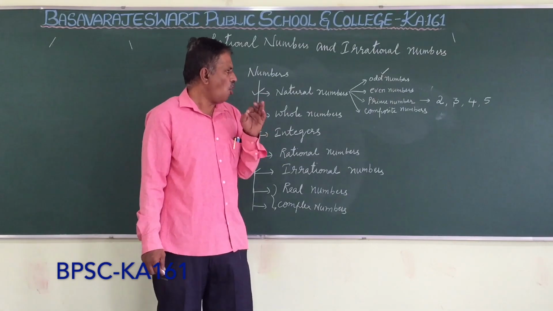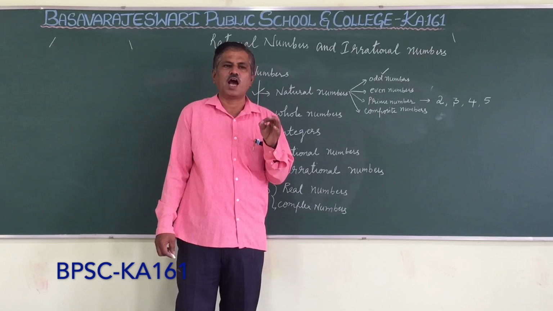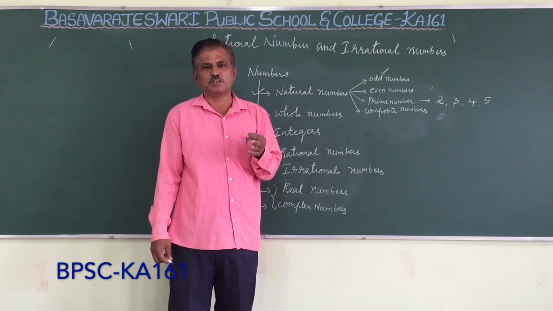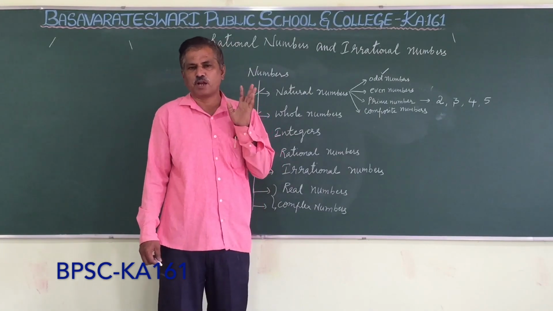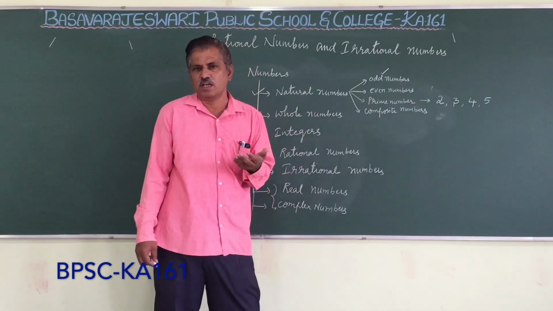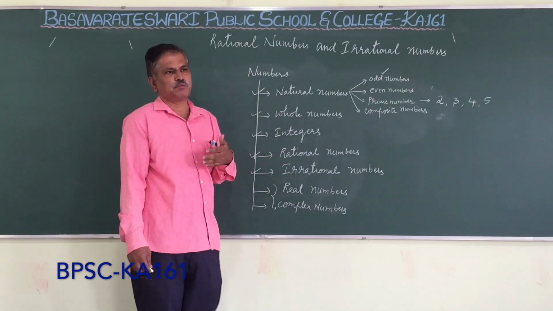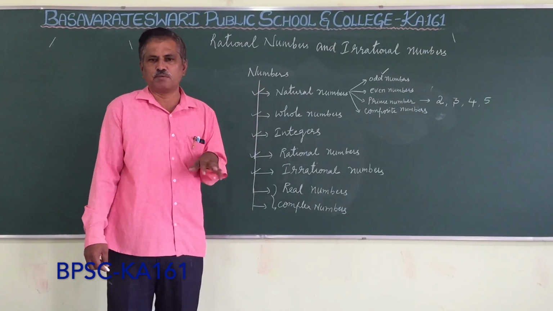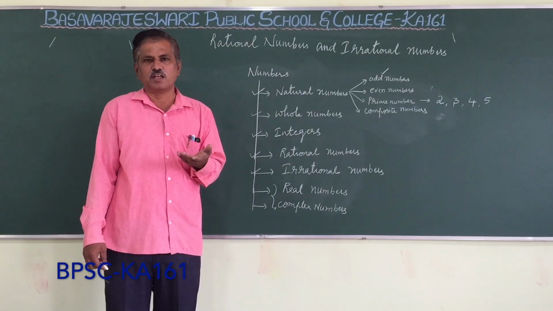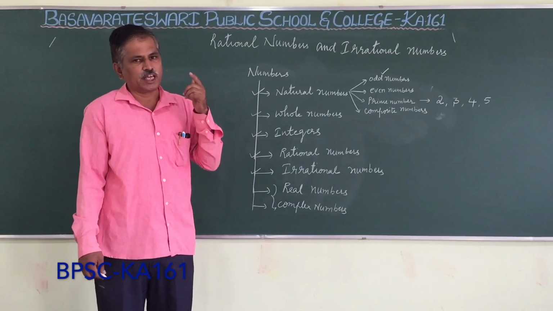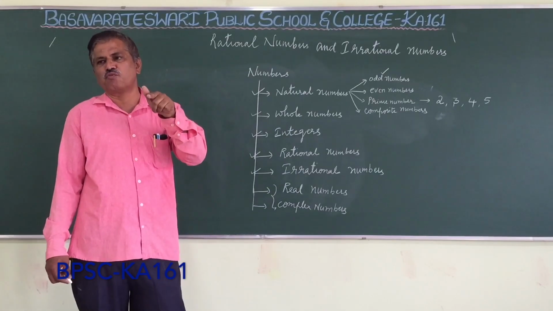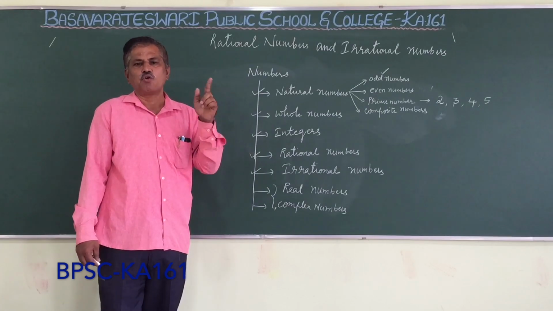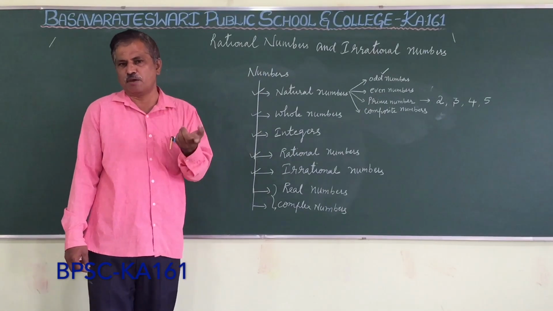If I take 7, it is divisible only by 1 and 7, hence 7 is a prime number. 8 is divisible by 1, 8, and also by 2 as well as 4, so 8 cannot be a prime number.